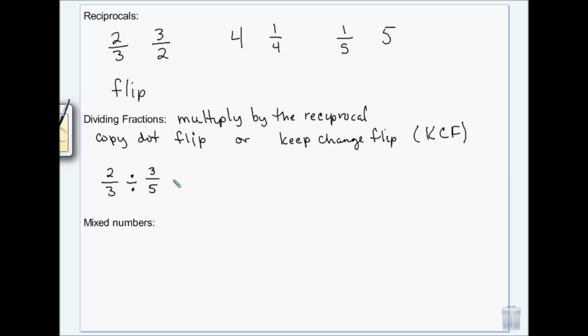So what I do is I copy, oops, thirds, not fifths. I copy, and then I dot, and then I flip. Or I keep, change, flip. Now I can't cross cancel anything, so I'm just going to multiply. And then I'm done.